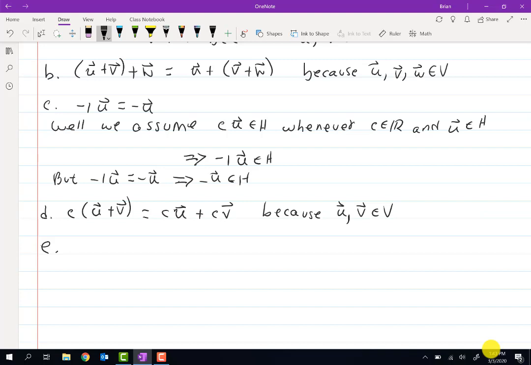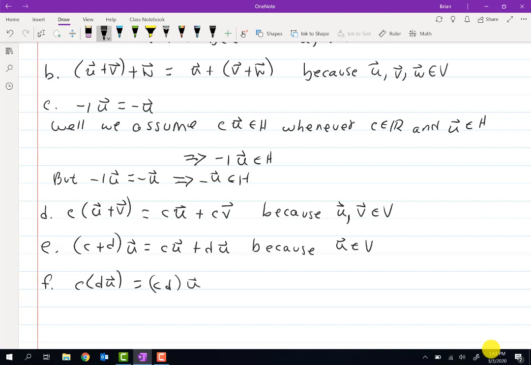Similarly, we have the other distributivity because U is in V, and V enjoys that particular property. For F, C times DU equals CD times U. Why is that true? Because U is in V. Once again, V has that sort of associativity property.